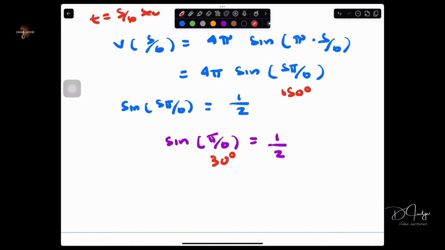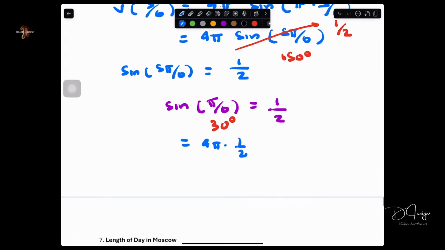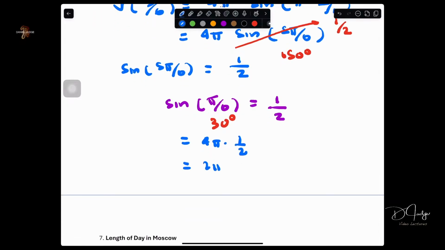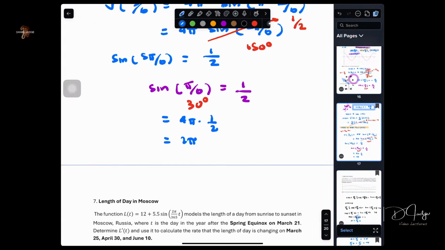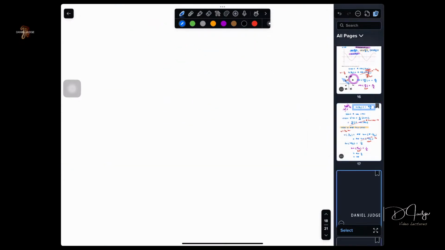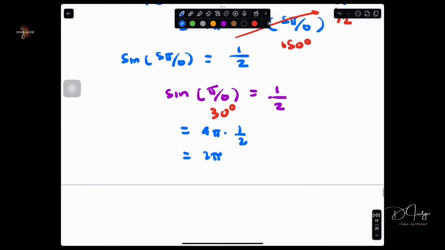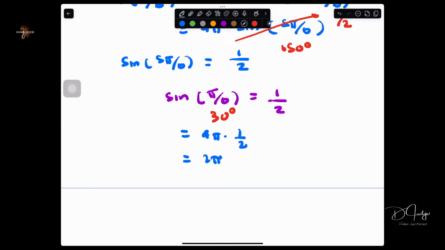So we can replace this here with 1/2. And we now get 4 pi times 1/2, which is actually just 2 pi. This is velocity, so I believe it's in centimeters per second. So that's v of 5 pi over 6.